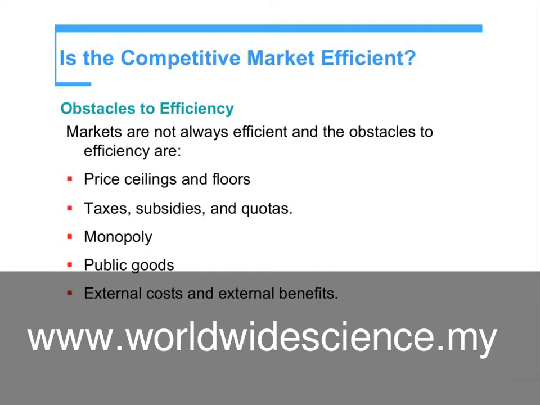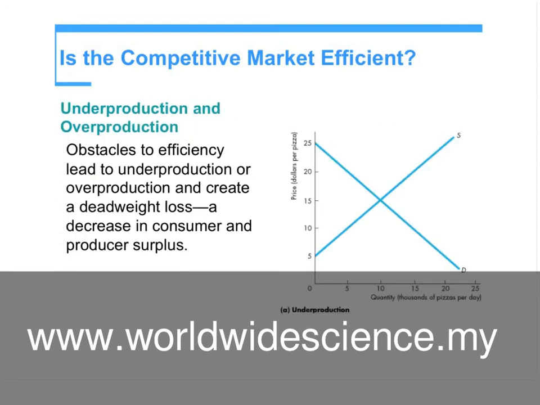Is the competitive market efficient? Figure A shows the effects of underproduction. You see that gray area is our deadweight loss. The efficient quantity is 10,000 pizzas a day.